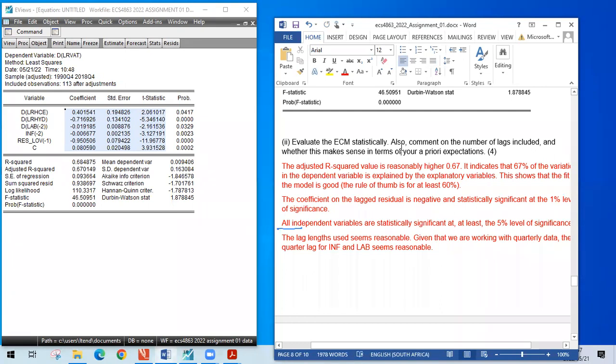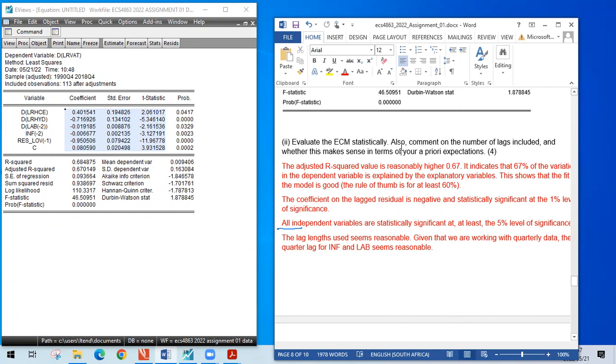That's the importance of ECM. It can actually tell you whether the variables have a significant relationship in the short run. So in the short run, we can see that there are significant relationships. In the long run, we also saw that. So we are happy so far. If there's a shock, are we going to be able to go back to equilibrium?